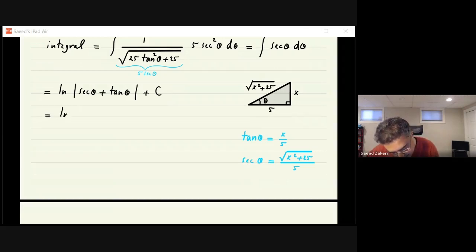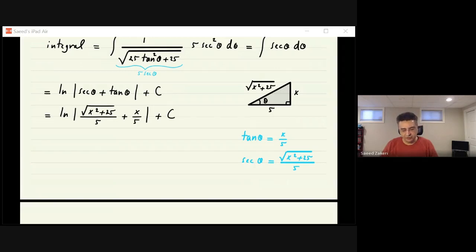So it's going to be ln of square root of x squared plus 25 divided by 5. That's secant theta plus tangent theta, which is just x over 5, plus a constant. So that's a perfectly legitimate, correct answer. So I don't want you to worry about simplifying this further.